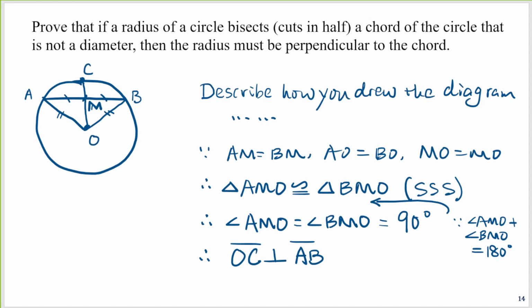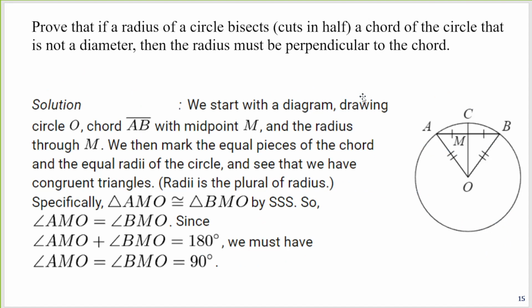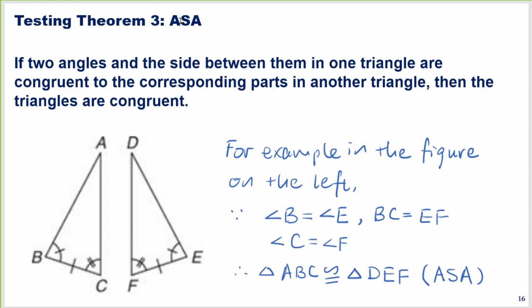All right, then if you have no questions, let's have a look at the third theorem, which is called ASA, angle side angle. So this theorem states that if two angles and the side between them in one triangle are congruent to the corresponding parts in another triangle, then the triangles are congruent.